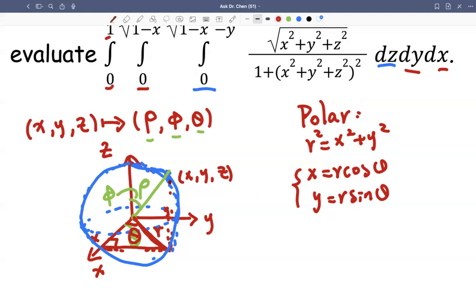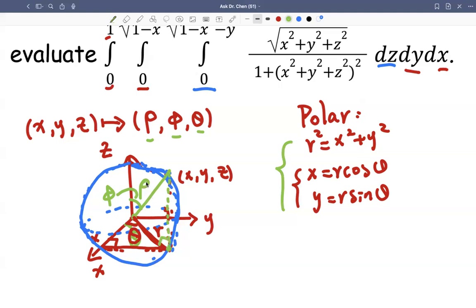But now, with this point, let me use green color. With this point, we can also drop it onto the xy plane. So we still have this relationship, but we even have more. This is a 90-degree angle.